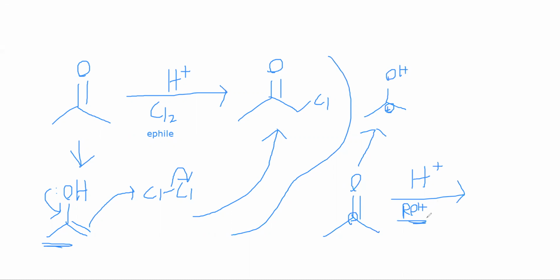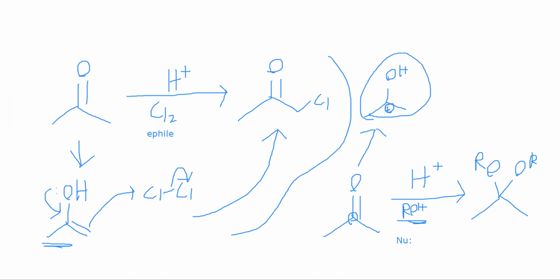And that is just because we're reacting the ketone with a nucleophile instead of an electrophile like with the halogen. So what I'm trying to get at here is you can do two different things with an acid catalyst with a ketone or an aldehyde. You could form an enol, or you could just stop at something like this, and then that's your reactive species.